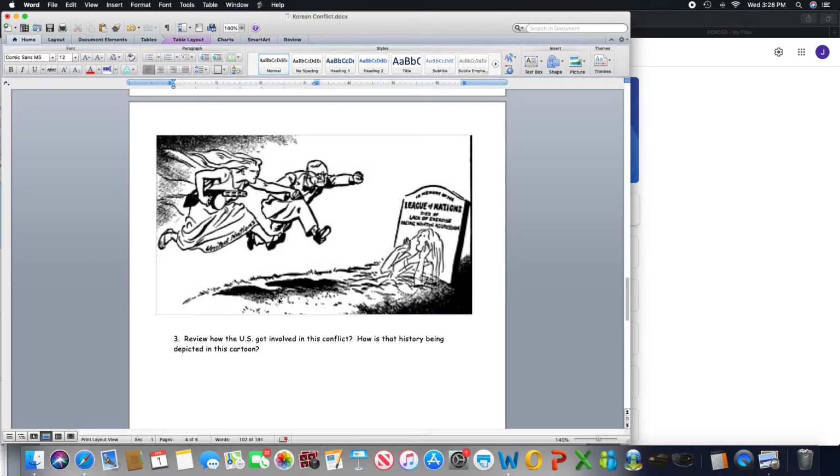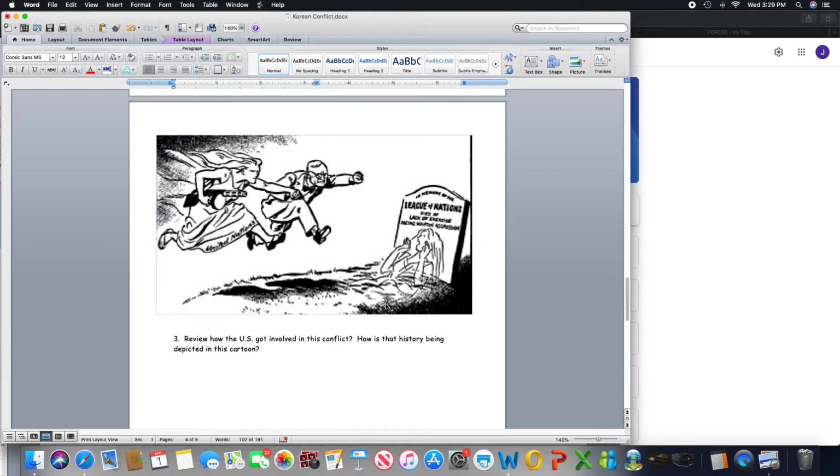I really like this cartoon because you see Harry Truman represented by his bow tie and glasses, so you know that's Harry Truman, and he's dragging the UN, carrying a weapon in her hand, and they're going to someplace new, which we know is Korea. They're passing over the grave of the League of Nations. I don't know if you can read this in your copy, but it says, died of lack of exercise facing wanton aggression.